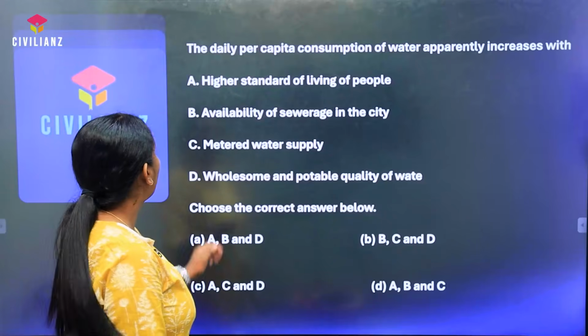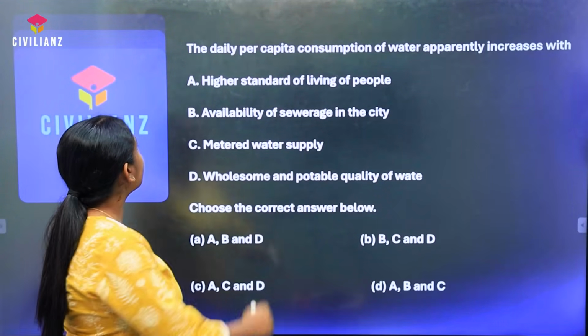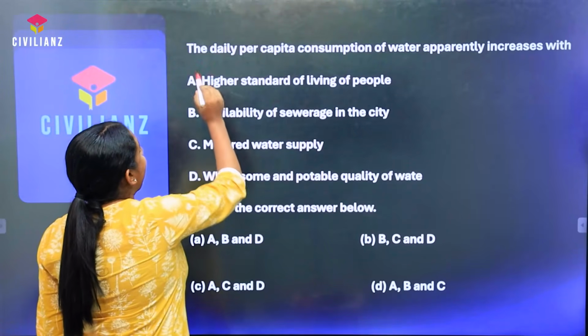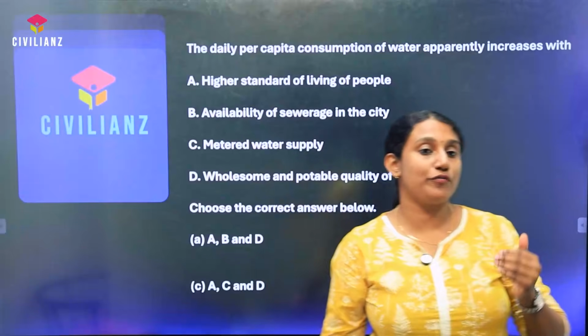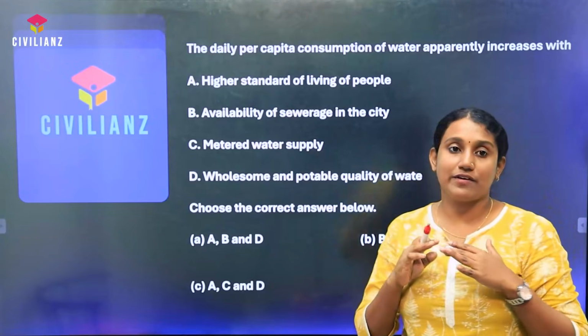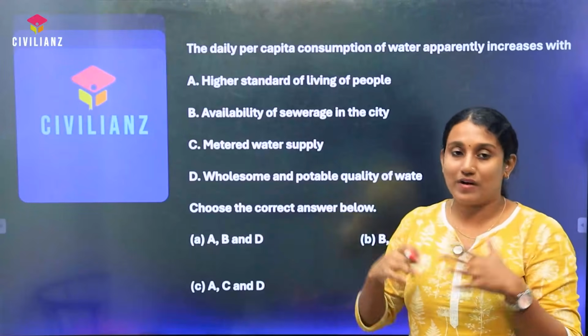Okay, so first condition we can take. In option A, higher standard of living of people. We can think about the rate of water consumption.